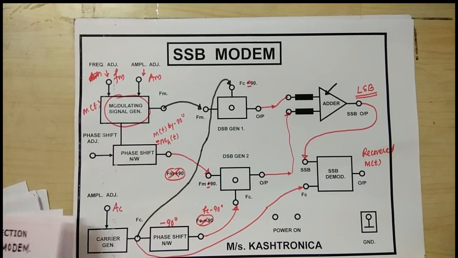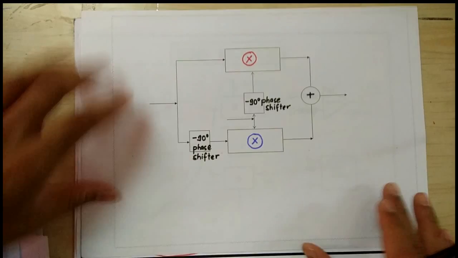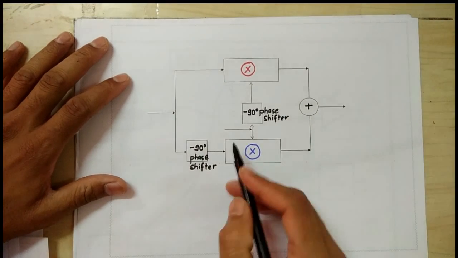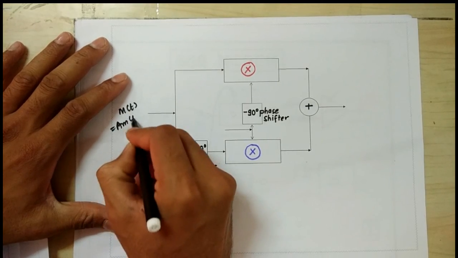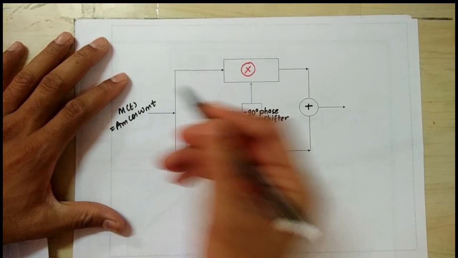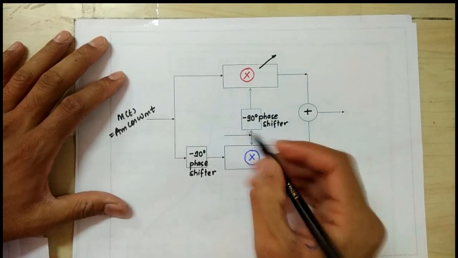So again come back to this block diagram. This is my message M of t, this is AM cos omega m t, this is my multiplier.